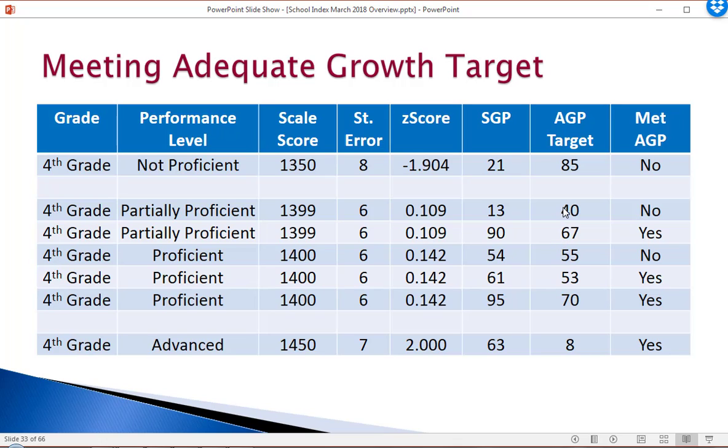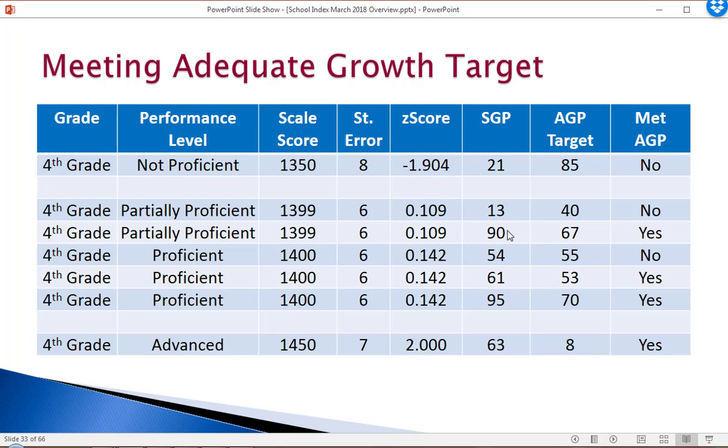So here's a student who probably scored quite a bit higher in the past because the target was only 40%. But you'll notice that the SGP was the 13th percentile, so they did not meet the target. Neither did the student who scored a little better than average at the 54th percentile because the target was the 55th percentile, so they did not meet the target.